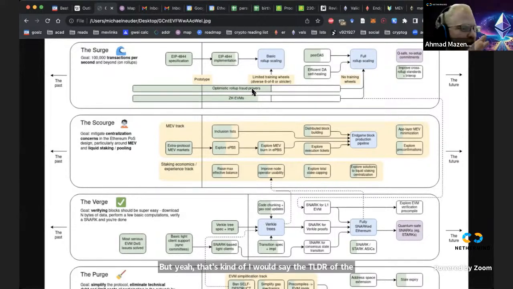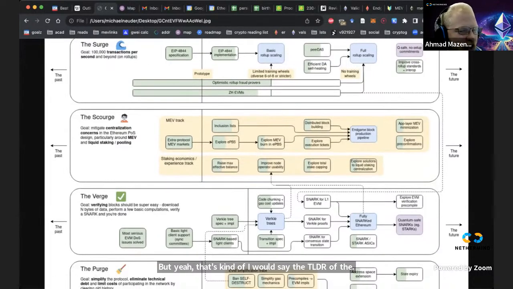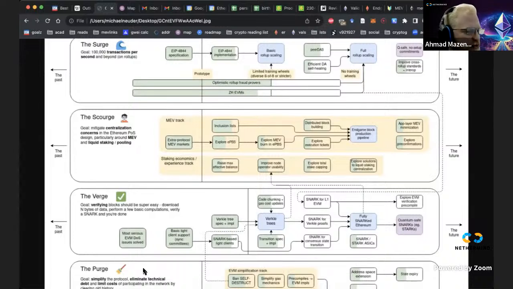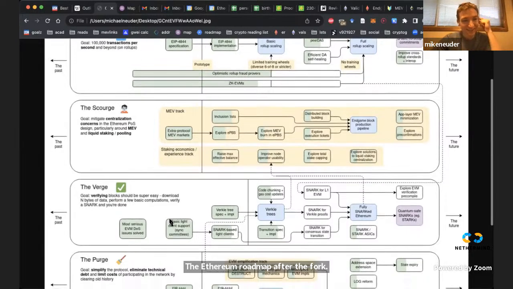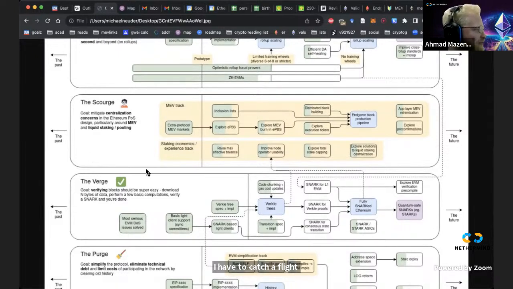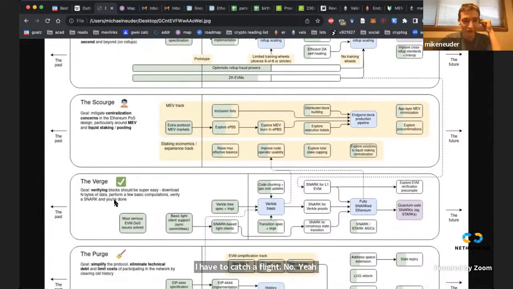Right. So before we jump to the Verge, I wanted to ask you, Mike, is it okay with you if we continue this talk about the Ethereum roadmap after the fork? Yeah, sure. Actually, I probably have to run after. I have to catch a flight. Oh, wow. Okay. Maybe we'll just refer the interested listener to the Bankless podcast.